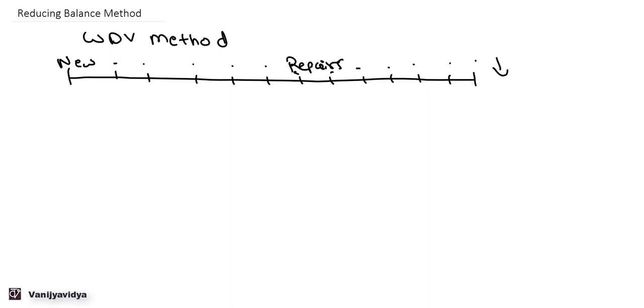So in reducing balance method, the assumption is that the asset utility will go on reducing as and when we use it. So the depreciation is charged on the WDV instead of cost.